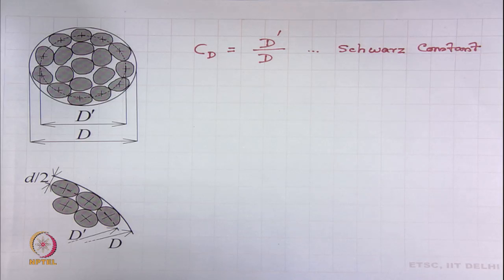So, C subscript d is equal to D prime by capital D, known as Schwarz constant.